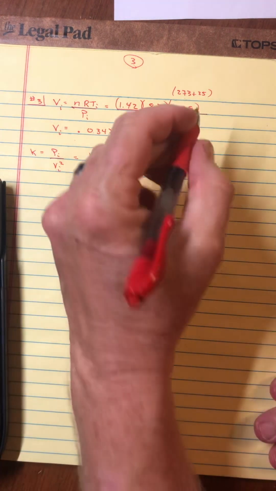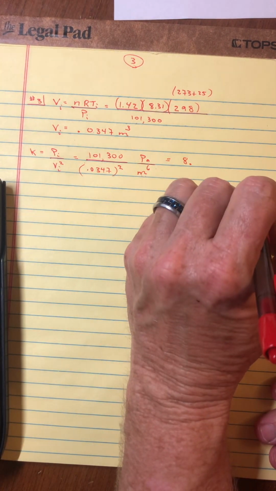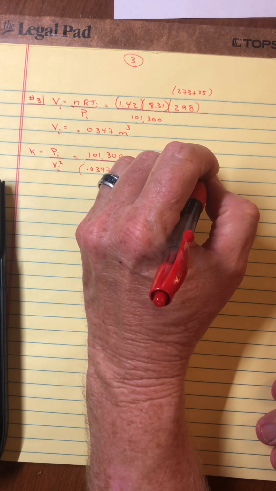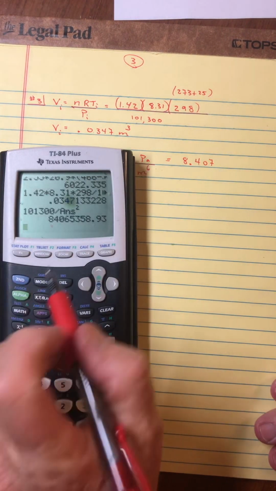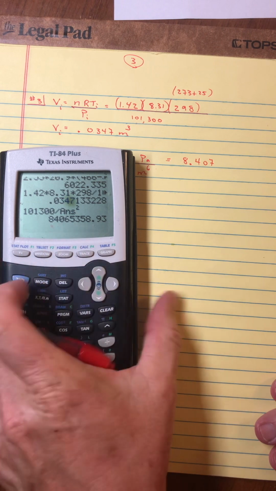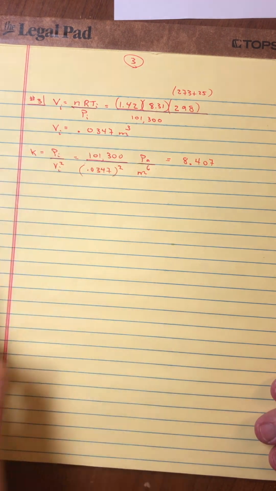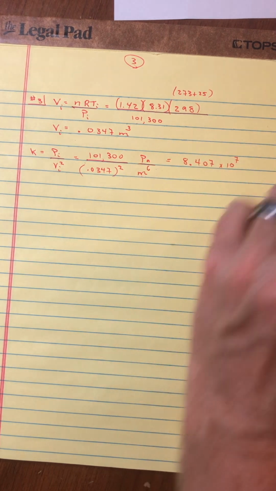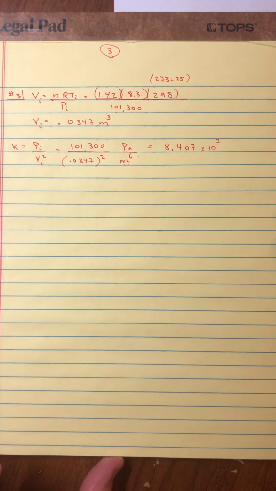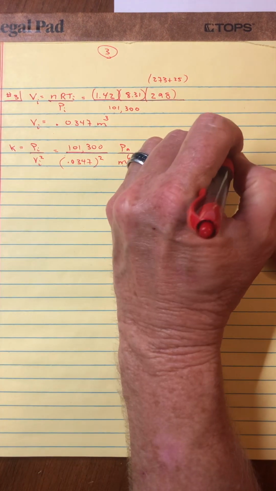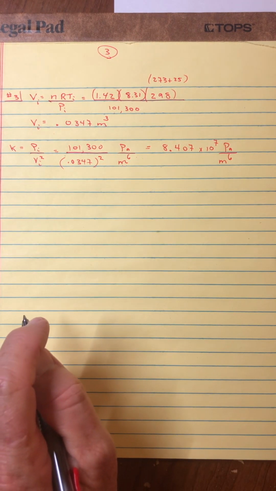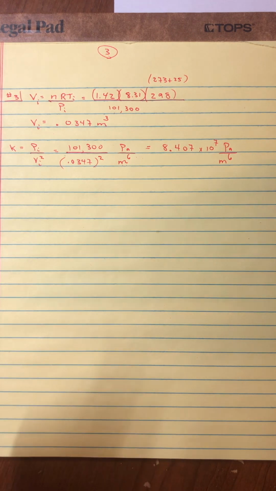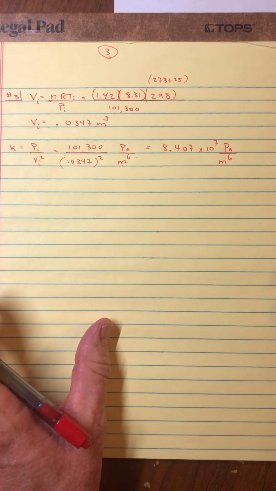And it looks like I get 8.47 times 10 to the 7th, and the units are pascals per meter to the 6th power.